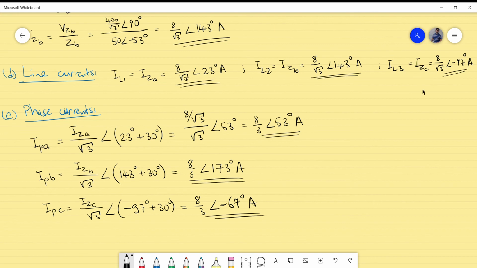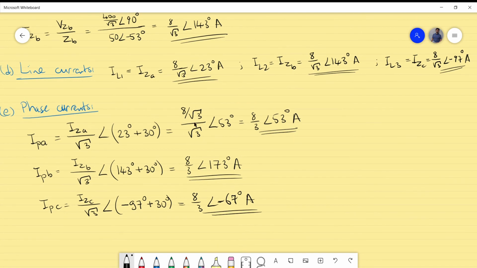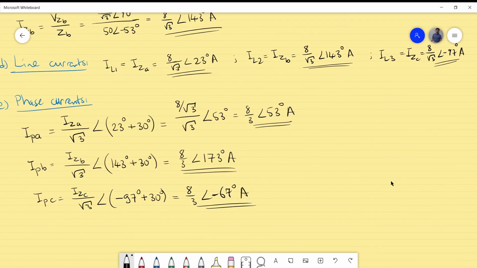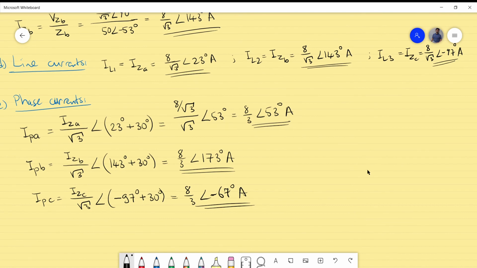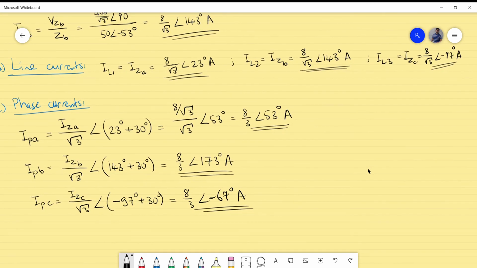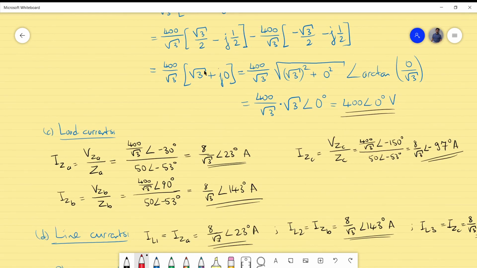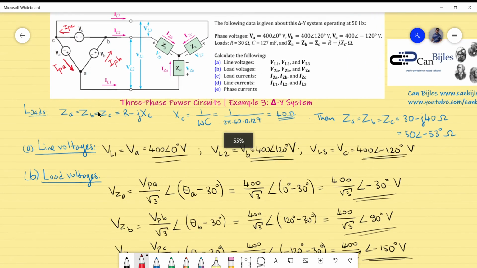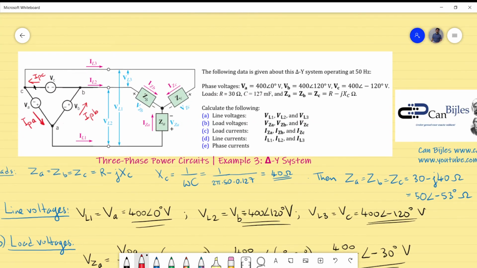I will make a check because I would like to verify that these are indeed the correct formulas to calculate the phase currents. So how can I make the check? Let me write it down. Check. If you look at the circuit again, I know all the phase currents now.